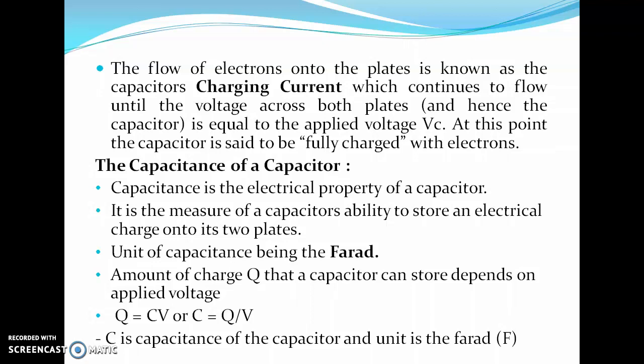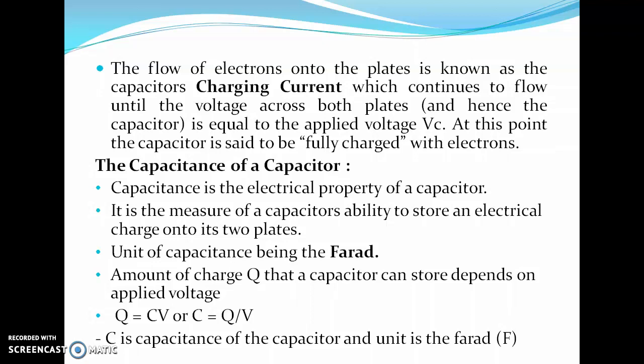This charging current continues to flow until the voltage across both plates is equal to the applied voltage, that is VC. At this point the capacitor is said to be fully charged with electrons. So until the applied voltage is reached, the capacitor will be getting fully charged. This was about a capacitor connected to a DC source. Now let's see what is meant by capacitance of a capacitor.